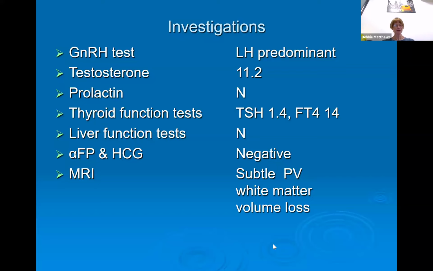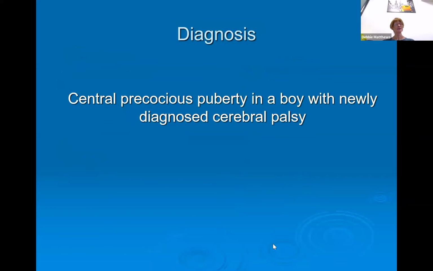He had a normal prolactin, normal thyroid function tests and liver function tests, negative tumour markers, but his MRI scan, which was originally reported as normal, was reviewed and found to show subtle periventricular white matter volume loss, i.e. the sort of CNS abnormality that we would find in those with cerebral palsy.